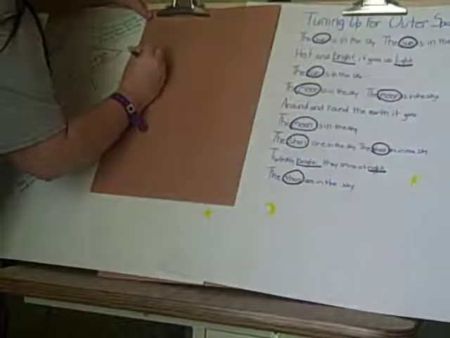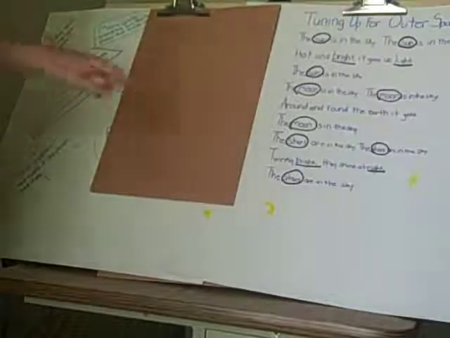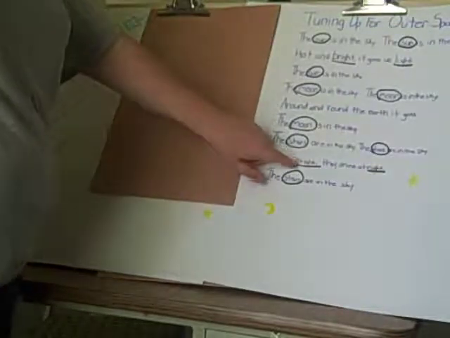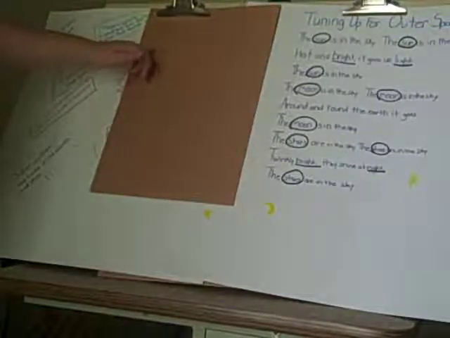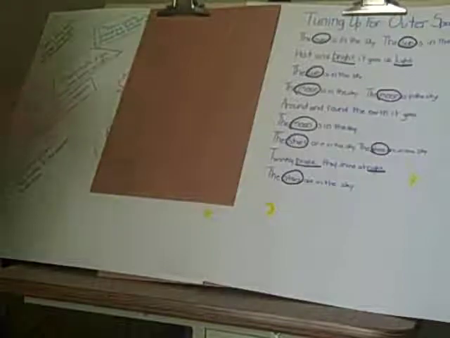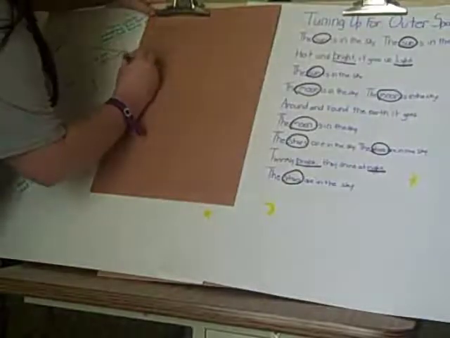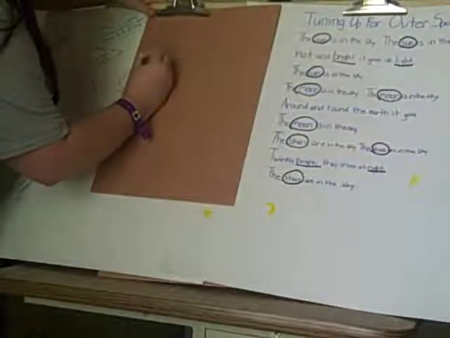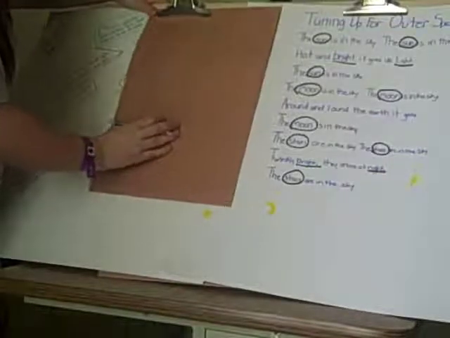Underline our I-G-H-T. Do we see another one? Okay. And we see bright again. Good. B-R-I-G-H-T. There's one more left in here. Good. Night. What shines at night? Good. The stars and the moon shine at night.